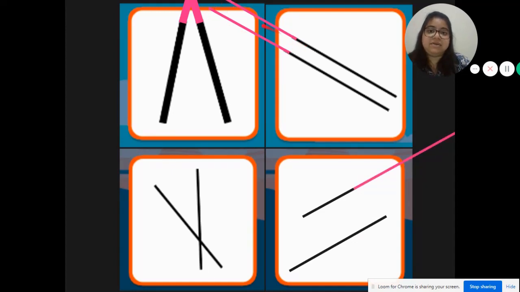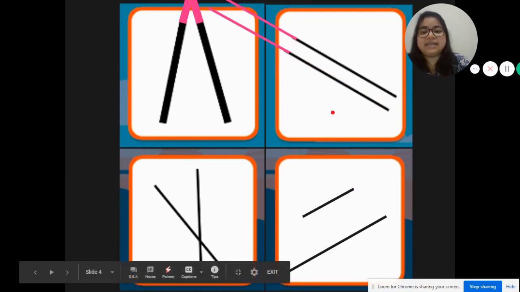No. Even if they carry on like that, they are not meeting at any point. Okay, what was the third thing? That they are always the same distance apart. The fact that these two lines are not meeting at any point, even if we are drawing it further, means that these two lines are the same distance apart.